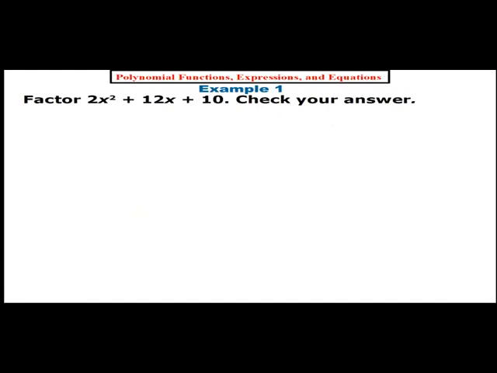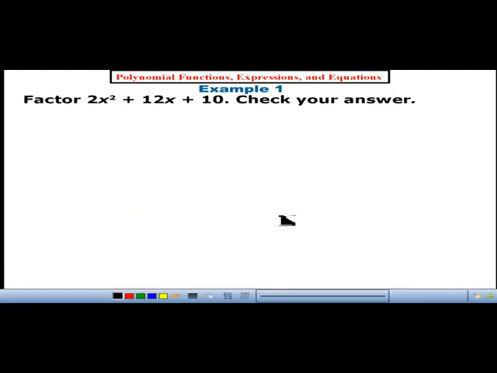Let's see. If we're checking our processes, help me with what is the first thing we check for? Ivan. First thing we check for. Standard form. Standard form. Thank you. How about the second thing? GCF. GCF. How about the third thing?